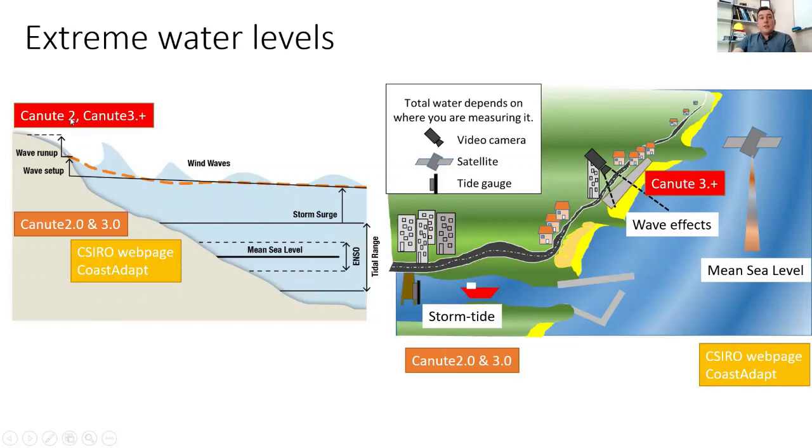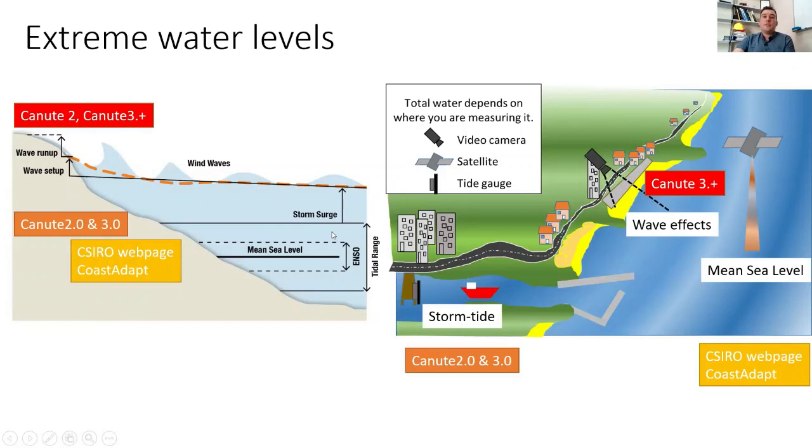The Canute tool also had a function to look at waves at the coast through a very simplified tool. We're planning to improve the Canute 3 tool to include a more involved process for accounting for the probability of waves contributing to extreme water level, and this will give you information about the extreme water levels at the coast.